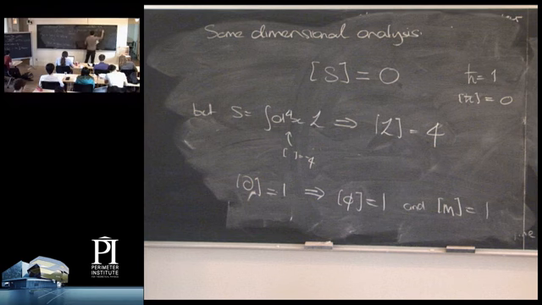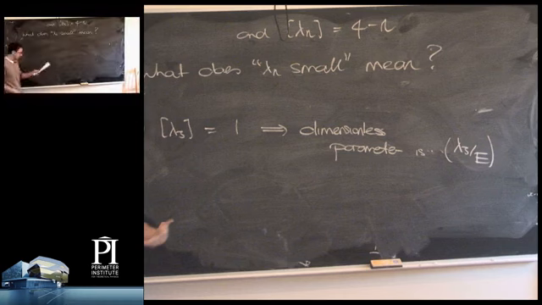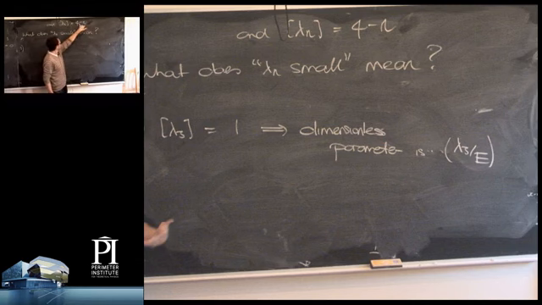So what does this statement mean, that we want small perturbations of the Lagrangian so that lambda n is small? Well, there are 3 different cases, depending on whether n is 3, 4, or greater than 4.